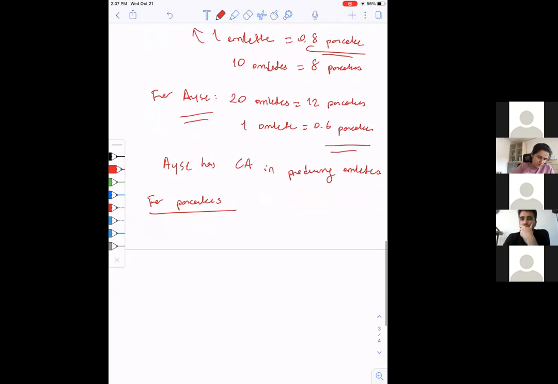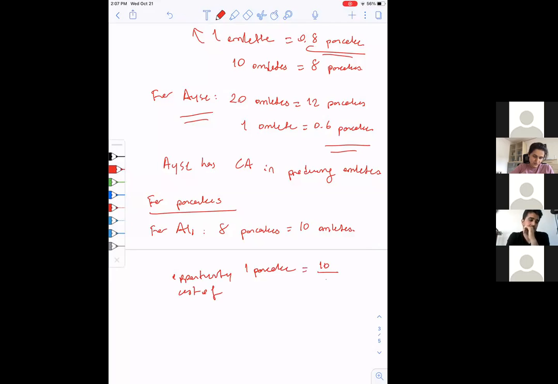Okay, for Ali, in order to produce 8 pancakes costs 10 omelets. Okay, so opportunity cost of one pancake is 10/8 omelet.